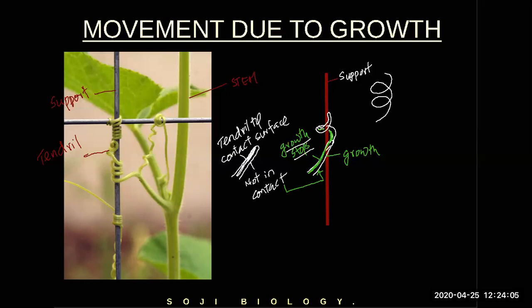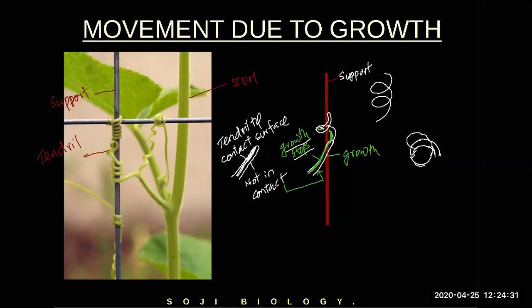The part of the tendril which is in contact with the support stops growing, but the opposite parts continue to grow. So that means when one side grows more than the other, it bends. And bending continues. As the bending continues, this side is not growing much, but it does grow a little bit, and that continues and it turns into a loop.